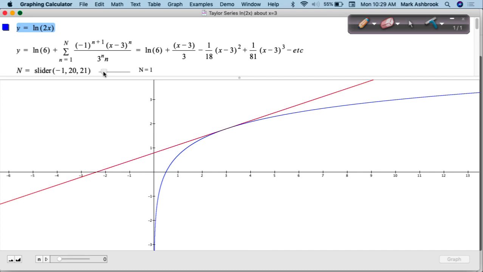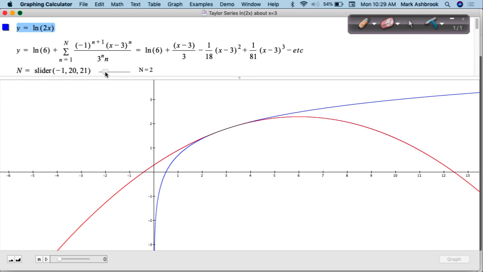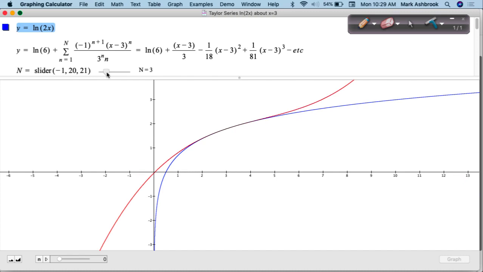It's the equation of the tangent line. Second degree, parabola. The red parabola gets the first and second derivatives and the function value right at 3, and approximates ln of 2x close to 3. Third degree, fourth degree, fifth degree, sixth degree, seventh, eighth.